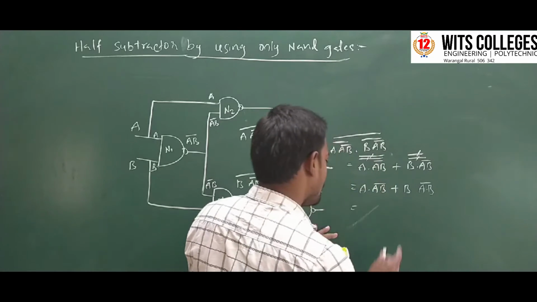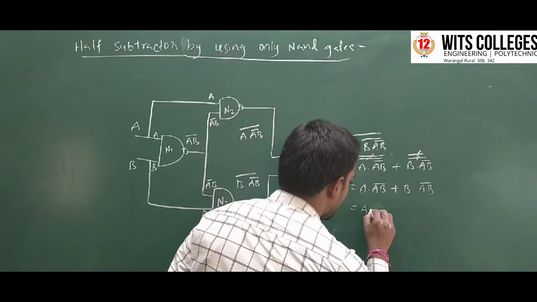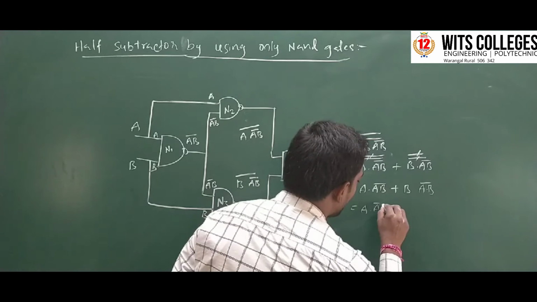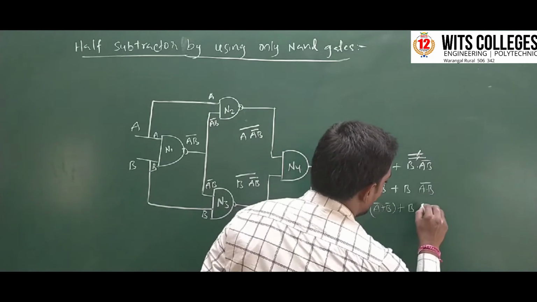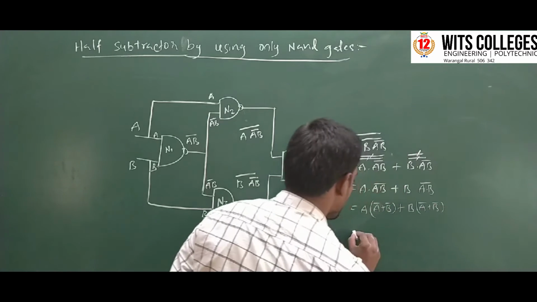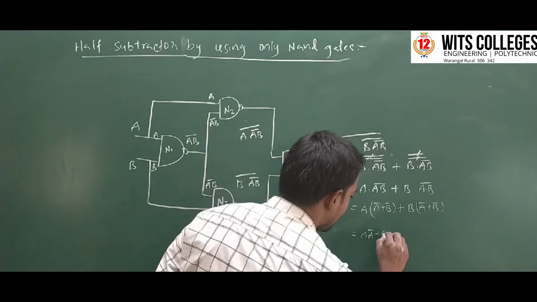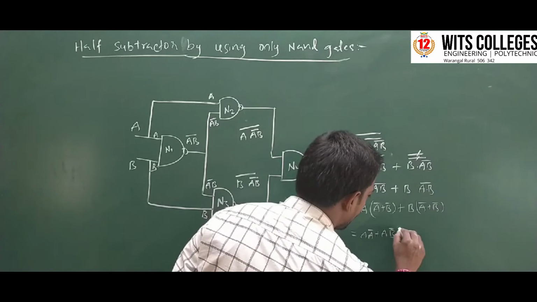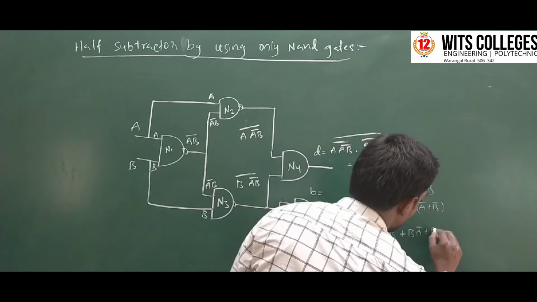Okay, so similarly we have A into B whole bar can be written as A into A bar plus B bar, plus B into A bar plus B bar. Okay, that is equal to A into A bar plus A into B bar plus B into A bar plus B into B bar.